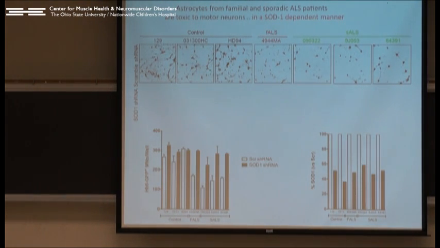So here were our samples. We have control non-ALS, our A4B SOD1 in the red, and then sporadic ALS. On the top line, you basically see that motor neurons are surviving quite nicely on top of our control. On the bottom is when we reduced SOD1 with a lentiviral vector expressing an shRNA against SOD1.